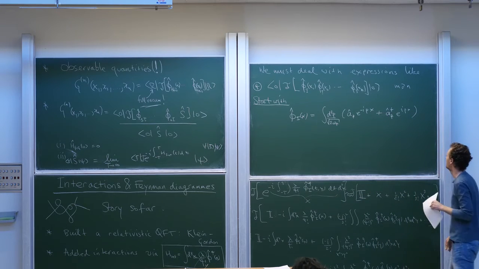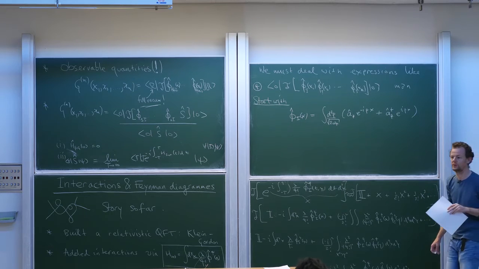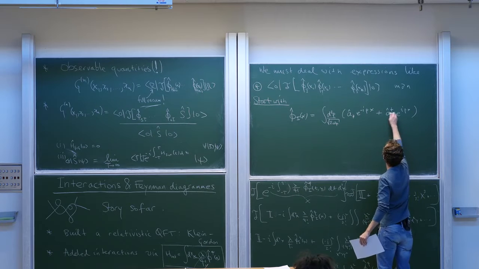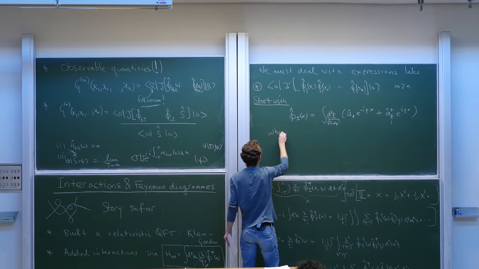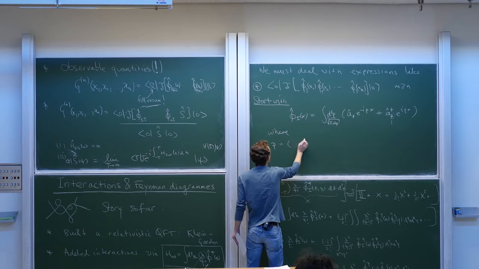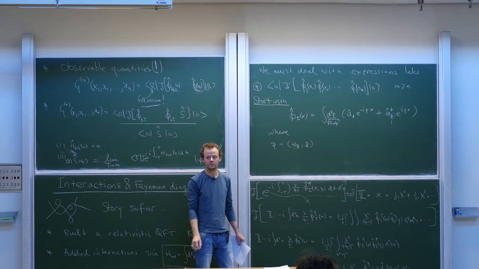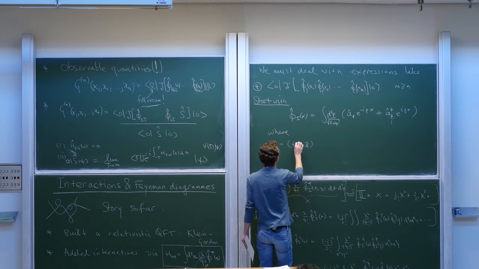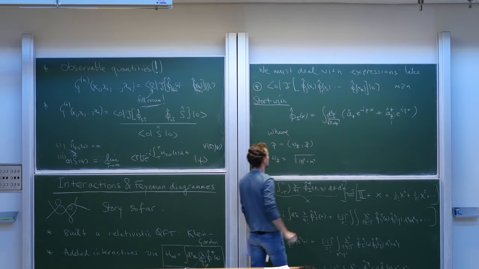Now, there's some things worth pointing out here because it's probable that there's confusion somewhere. When there's an underline, that means a 3-vector. So just to remind you, P, underlined, is a 3-vector. And omega P is the square root of P squared plus M squared.